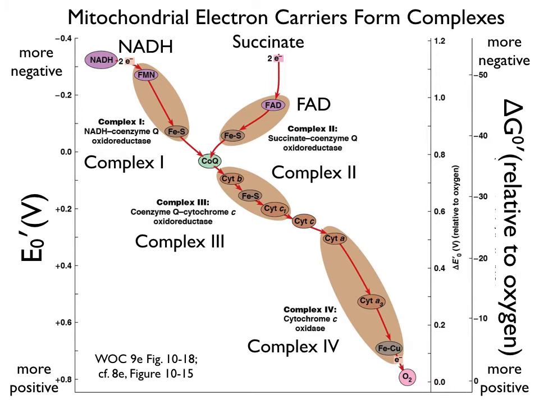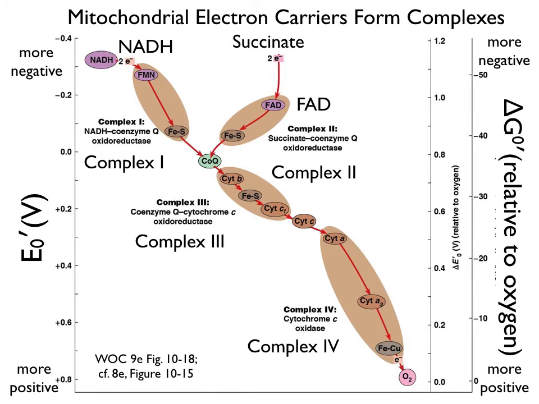Electrons are transferred through complex 4, and ultimately they're transferred onto oxygen, which is the final electron acceptor in this process. Now, oxygen, because of its very positive standard electrode potential, makes it a great final electron acceptor.